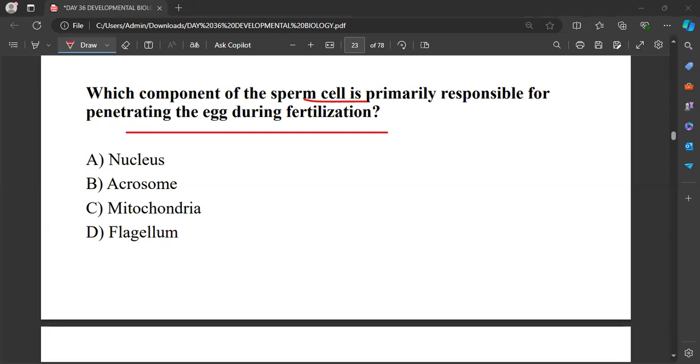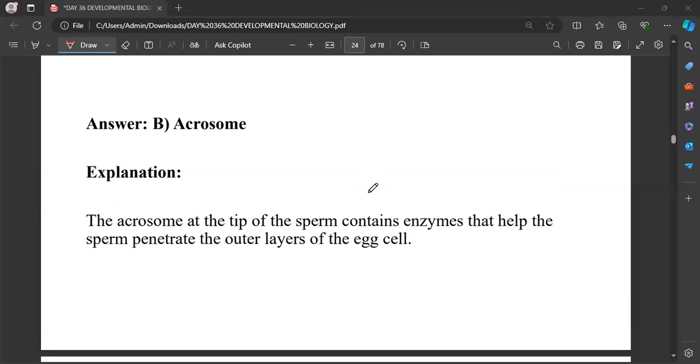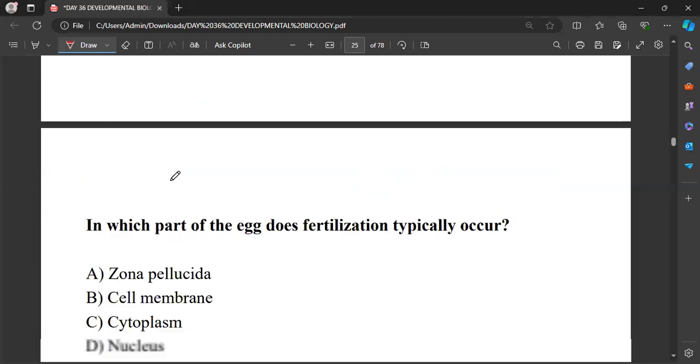And where is the DNA present, in which part of the sperm? We can divide the structure of the sperm into head, middle piece, and tail, and the DNA will be in the head. So the answer for this question is the acrosome. And what is the name of the enzyme present inside the acrosome? That will be the hyaluronidase enzyme, right?